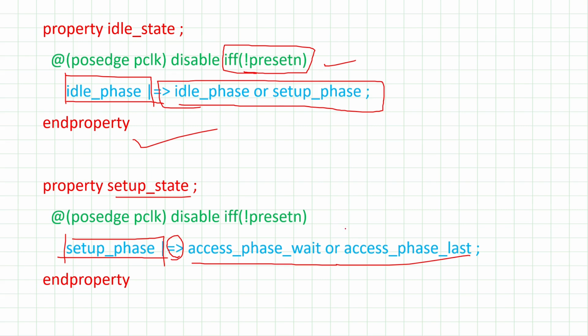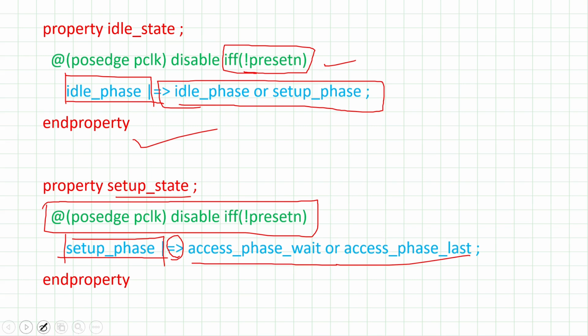If these things are correct, then there will be no error. This process will be the same for all our assertions: at every clock edge we first check whether the condition is there or not. So the first, the idle state, is completed, and the second, the setup state, is completed.